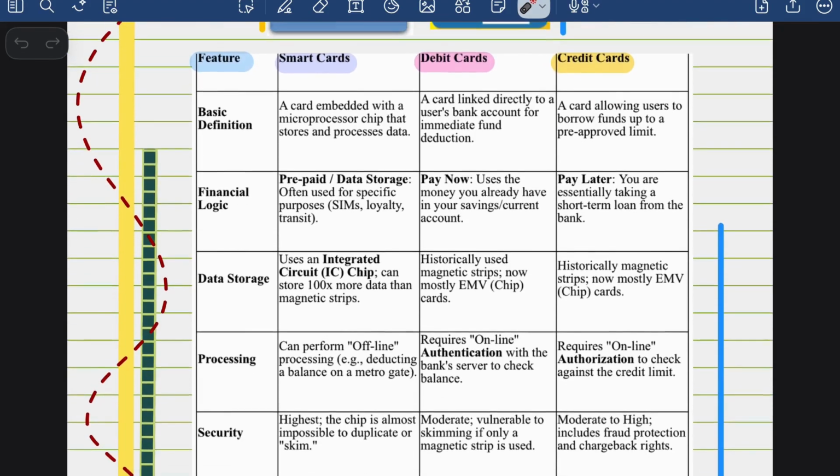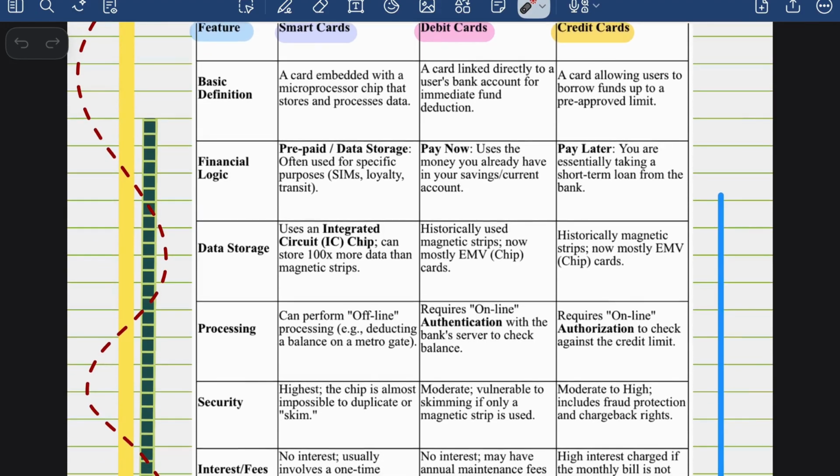Now we'll quickly discuss a few features which differentiate these three cards. So first, the smart card is embedded with a microprocessor, like I told you, and the debit card is linked directly to the user's bank account. But the credit card allows the user to borrow funds up to a pre-approved limit.